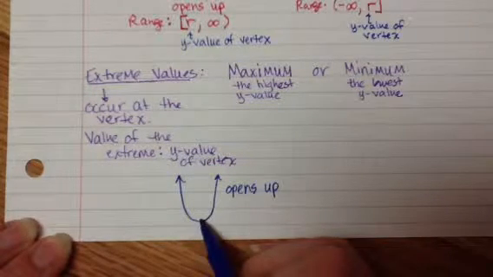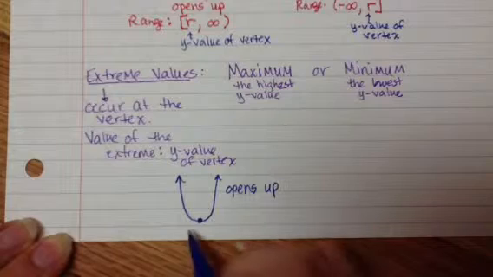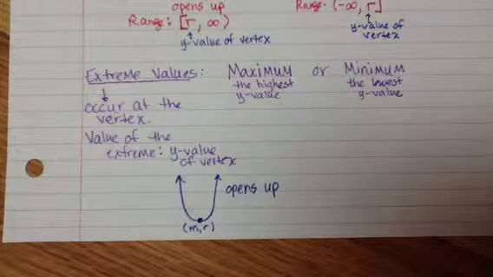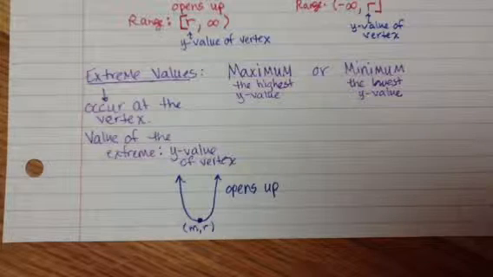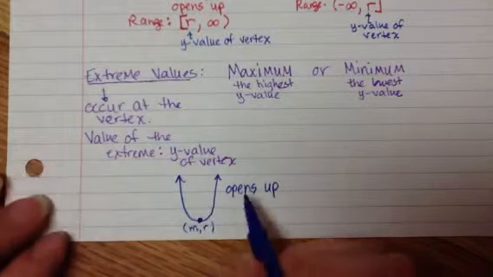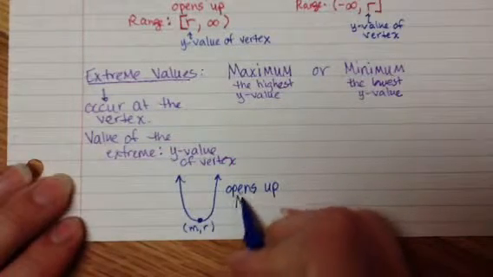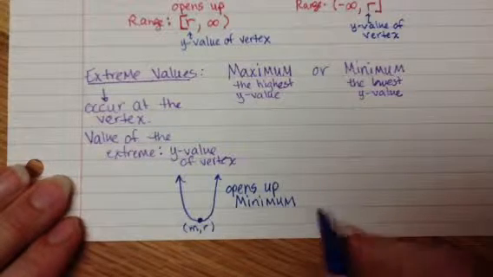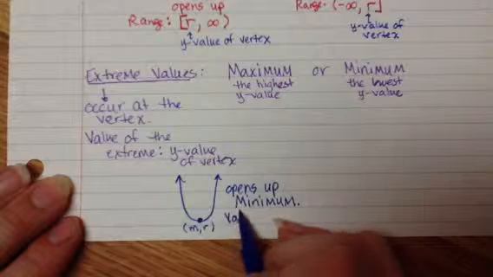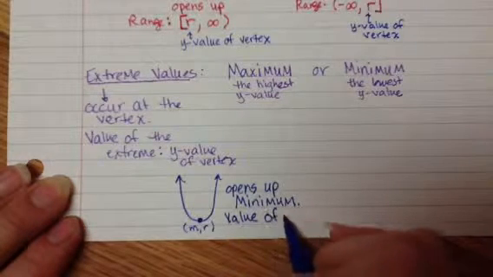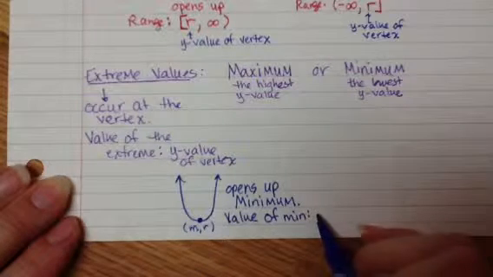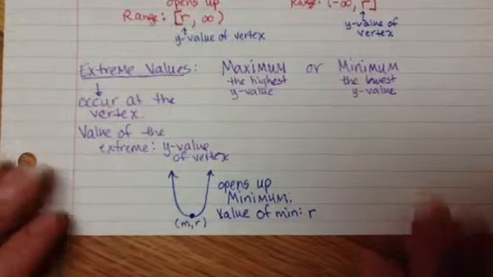The rock bottom happens right here at the vertex M, R, as we called it before. So when the parabola opens up, it has a minimum at its vertex, and the value of the minimum is the y value of the vertex that we've been calling R.